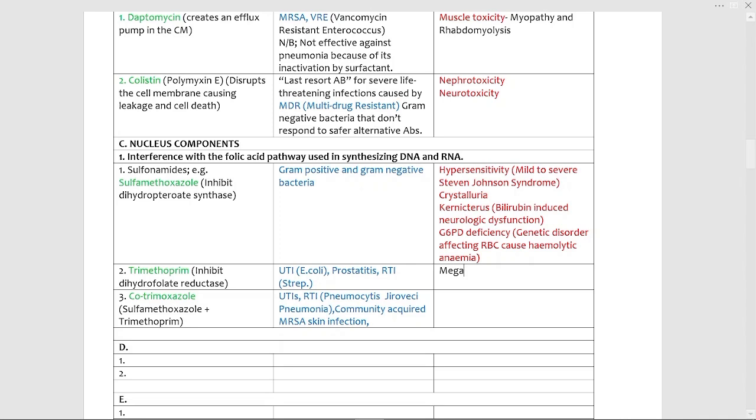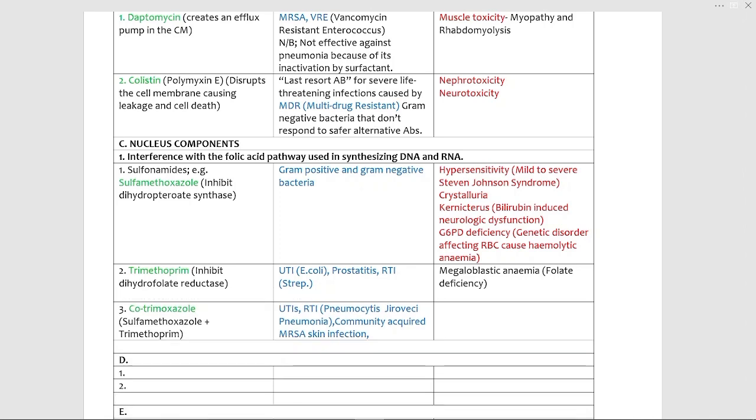So here, megaloblastic anemia is majorly caused by folate deficiency. Sorry for the spelling. It may also cause elevation of potassium levels, hyperkalemia.